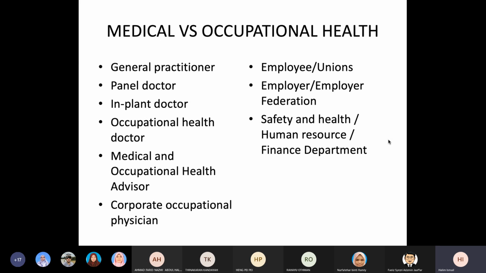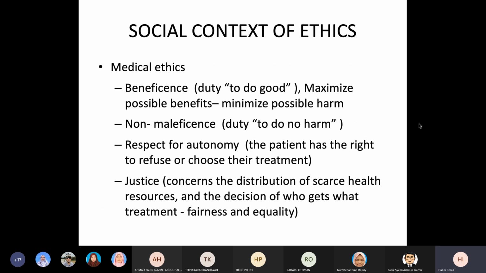You can also become a corporate occupational physician. Most of your clients will be employees or union employers. And you have close liaison with the safety and health unit, human resource department, and also the finance department, in order to do your job well as an OHD, if you are working in-house or as an occupational health advisor.